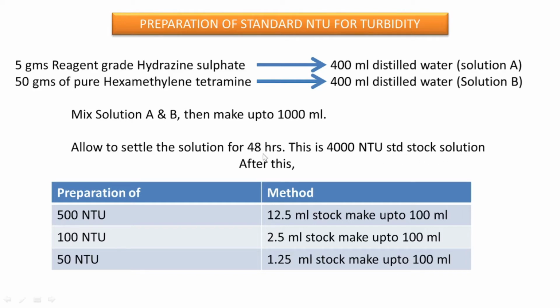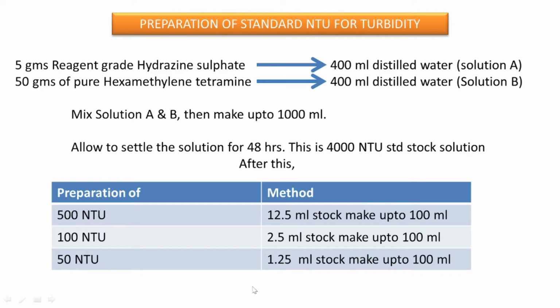Then after 48 hours we need to prepare different NTUs, different concentrations. So in the procedure we are using 100 NTU. Even then we need to know how to prepare 500 NTU and 50 NTU. 500 NTU is prepared by taking 12.5 ml from this stock solution and making up to 100 ml. 100 NTU is prepared by taking 2.5 ml of stock solution and making it up to 100 ml.